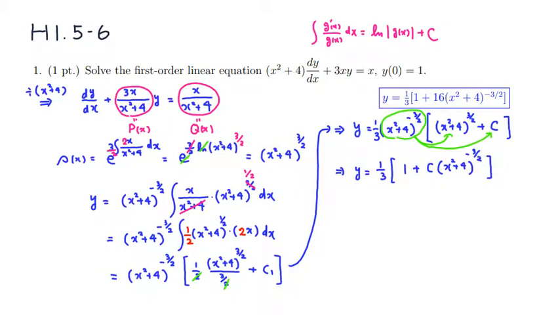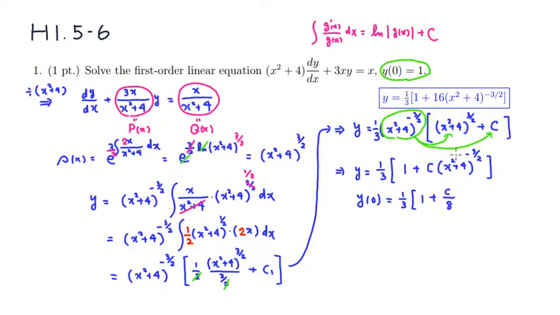Then we can use the initial value condition to find the unknown c. So y of 0 is equal to 1/3 times 1 plus, if you put in 0, 4 to the 3/2 power will be 2 cubed, so 8. With the negative power, it's 1 over 8, so it's going to be c over 8.